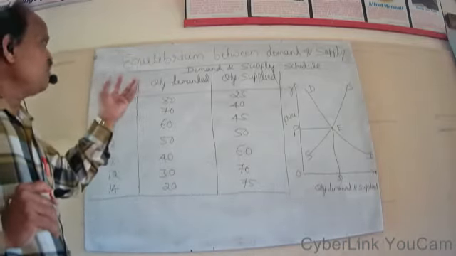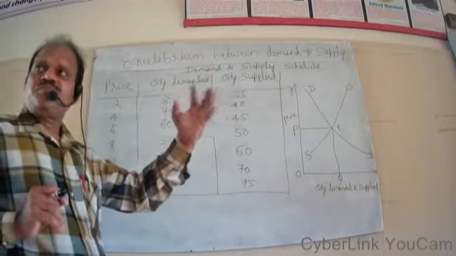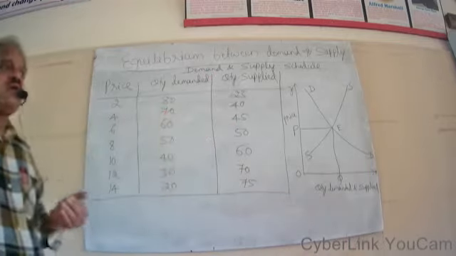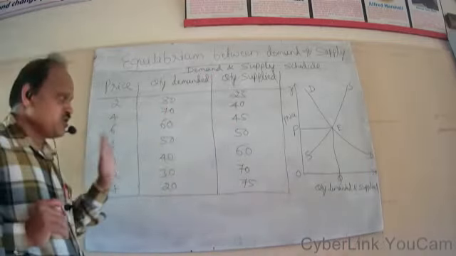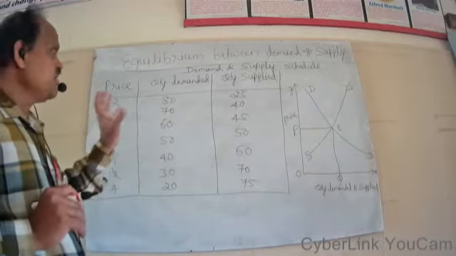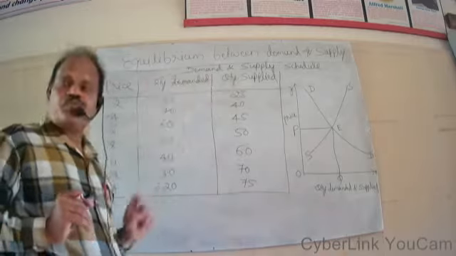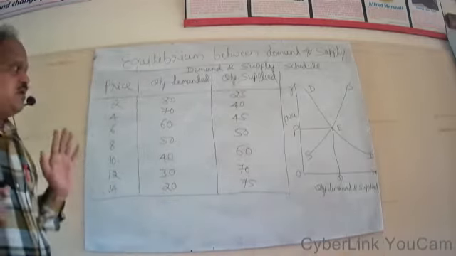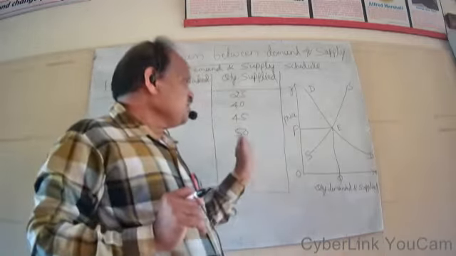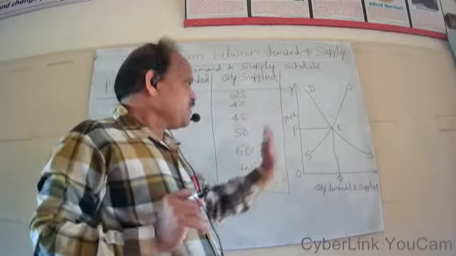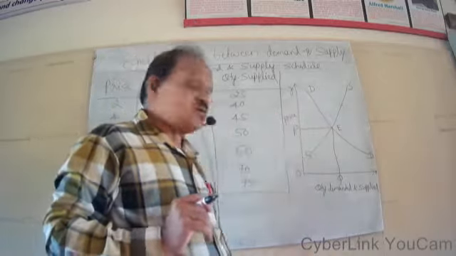Now, how equilibrium will be established and how the equilibrium market price will be determined. Let us study this with the help of a demand and supply schedule. Let us try to understand the market equilibrium price with the help of this particular diagram.